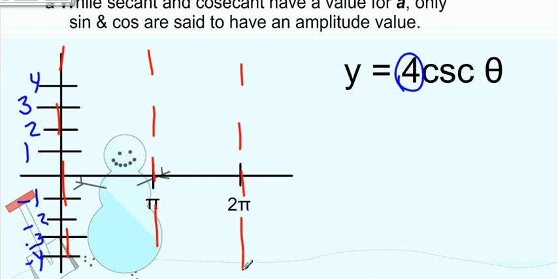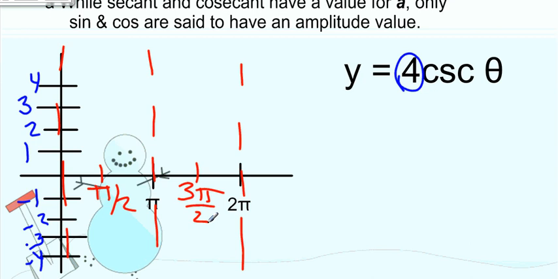I honestly suggest just recalling either the sine and cosine graph and what that looks like, and remembering that the parabolas open at the bottom or the top of their vertexes, or just memorizing the pattern of the u's. So if we're looking at cosecant, all we've changed is the amplitude, which means if I add in my pi over 2 and my 3 pi over 2, our u will no longer have the vertex at 1, the vertex is going to now be at 4.